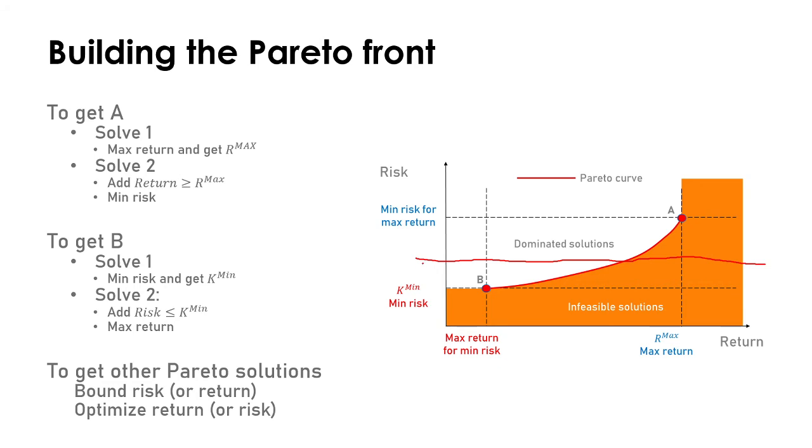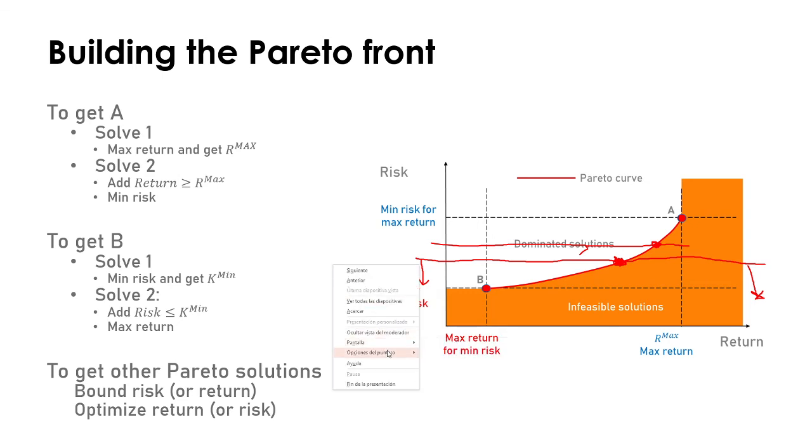So I cannot go with solutions with a larger risk than this. So I only allow solutions to be below that horizontal line. Which is the best solution I can get in terms of return if I bound the risk? I would be moving along this horizontal line and I would get this point here. Now I change my bound for the risk and I again maximize return. So I would be moving along this line and I would get this solution and so on. That is one approach.